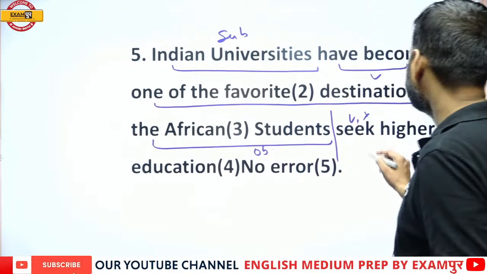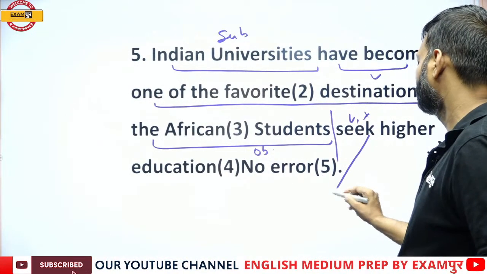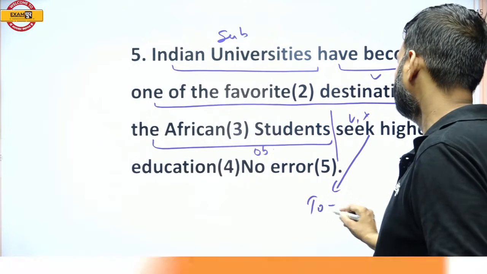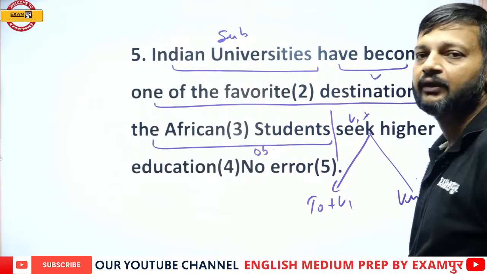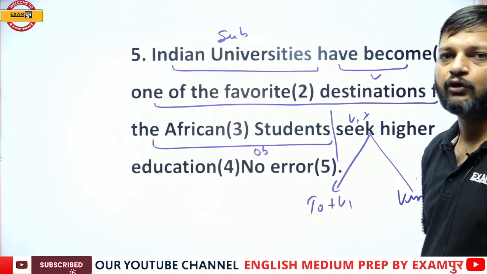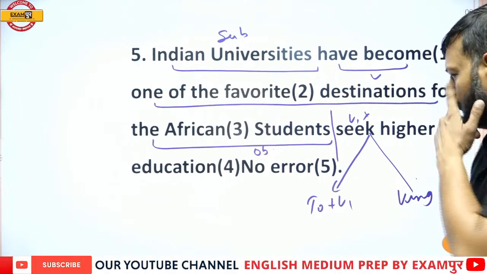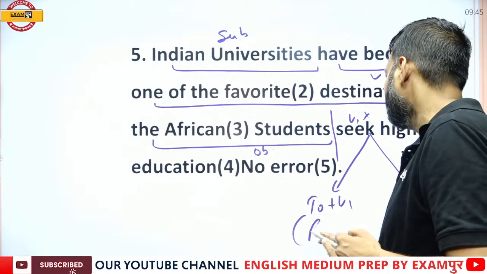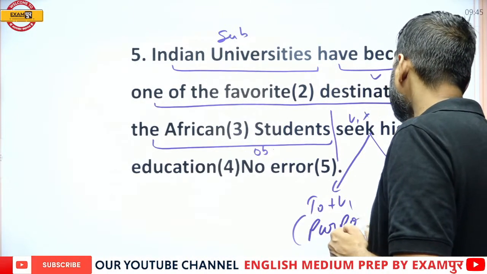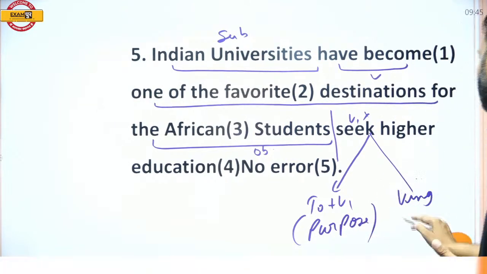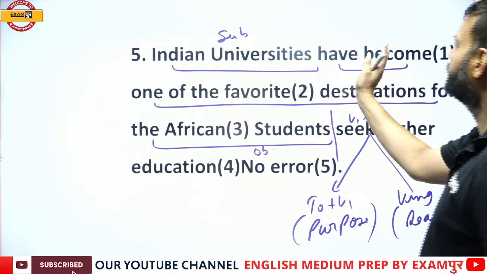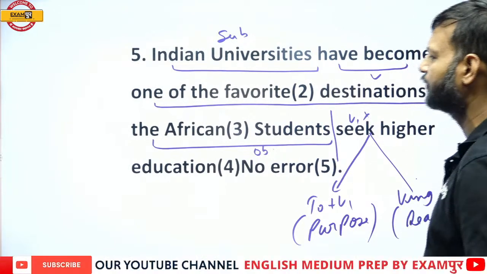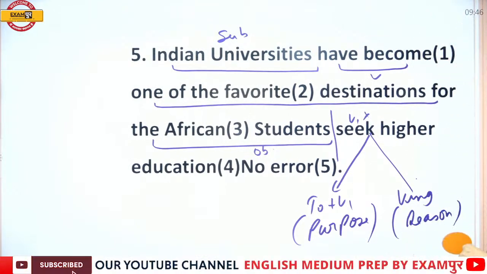So in place of seek, to plus V1 or ing can be used. Now what to choose of these two? As I told you, to plus V1 is purpose, whereas ing is reason. In this sentence, Indian universities have become one of the favorite destinations for the African students seeking higher education.